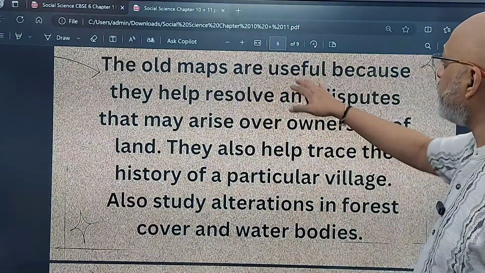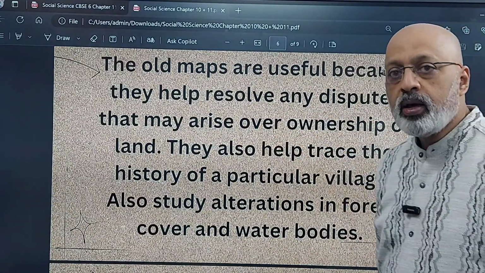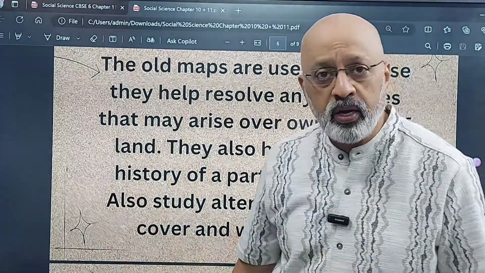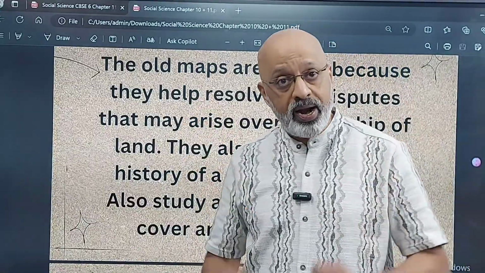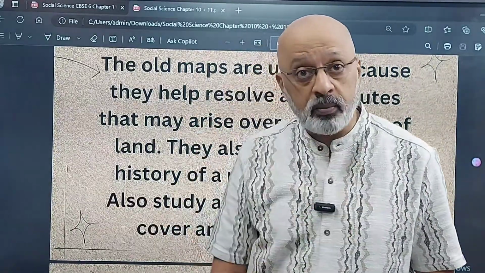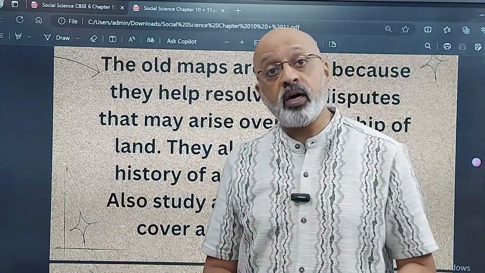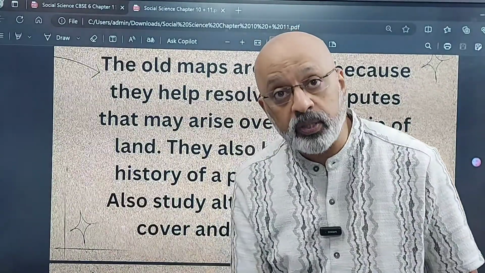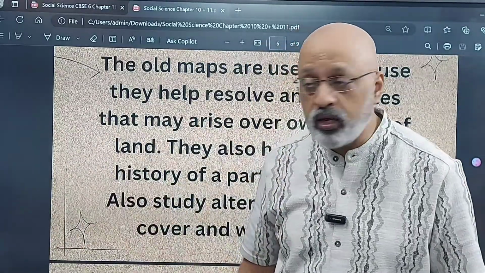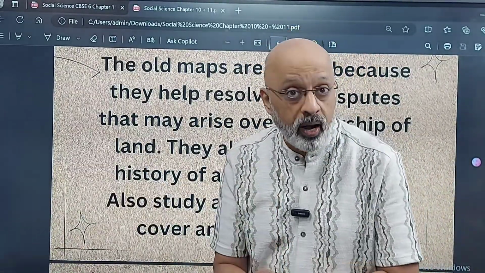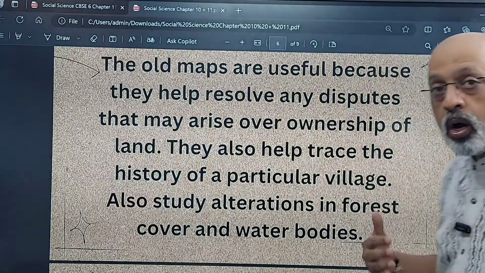The old maps are useful because they help resolve any disputes that may arise over ownership of land. कि रामलाल बोले ये मेरी जमीन है, श्यामलाल बोले नहीं ये मेरी जमीन है, तो पटवारी बैठेगा, बोलेगा कि मेरे पास पुराने लैंड रिकॉर्ड्स हैं, जब तुम्हारे दादा ने ये जमीन खरीदी थी तब मैं देखता हूं कि किसने ये जमीन खरीदी थी। He finds that रामलाल के दादा ने ये जमीन खरीदी थी, तो श्यामलाल जबरदस्ती घुस रहा है वहां पर कहने के लिए कि ये जमीन मेरी है। So he will say, श्यामलाल, you are lying, you are mistaken, the land belongs to रामलाल.